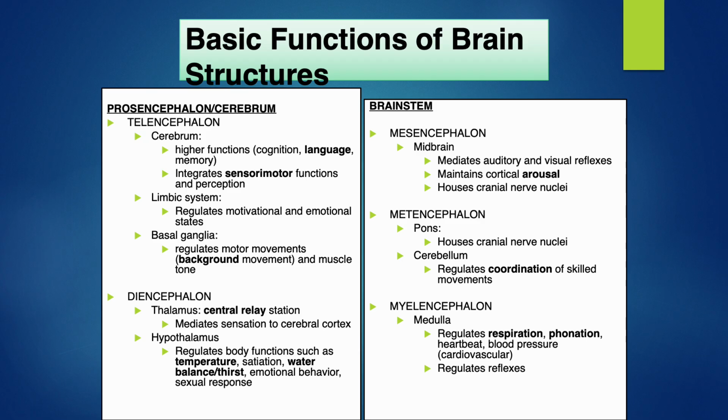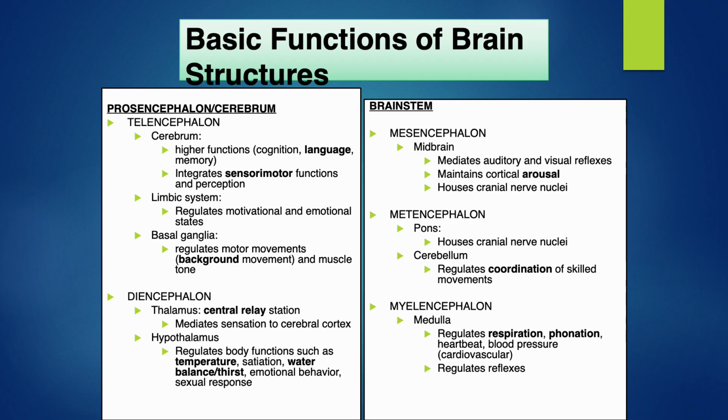And the diencephalon is made up of your thalamus, your thalamic nuclei, hypothalamus, epithalamus, and subthalamus, with the thalamus being the biggest portion, and it's the central relay station for everything coming in, going out of the cerebral cortex. The mesencephalon, we have the midbrain, so we have a lot of auditory and visual reflexes there.